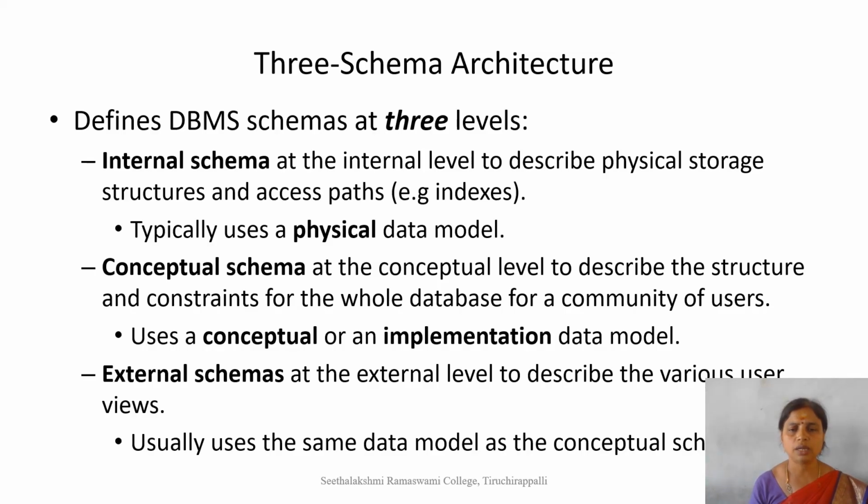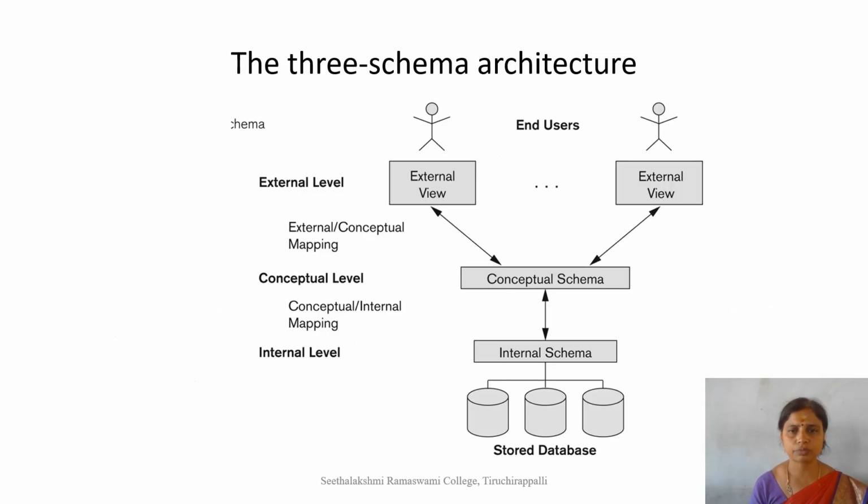Conceptual schema is at the conceptual level to describe the structure and constraints for the whole database for a community of users. It uses a conceptual or an implementation data model. External schemas are at the external level to describe various user views. They usually use the same data model as the conceptual schema.